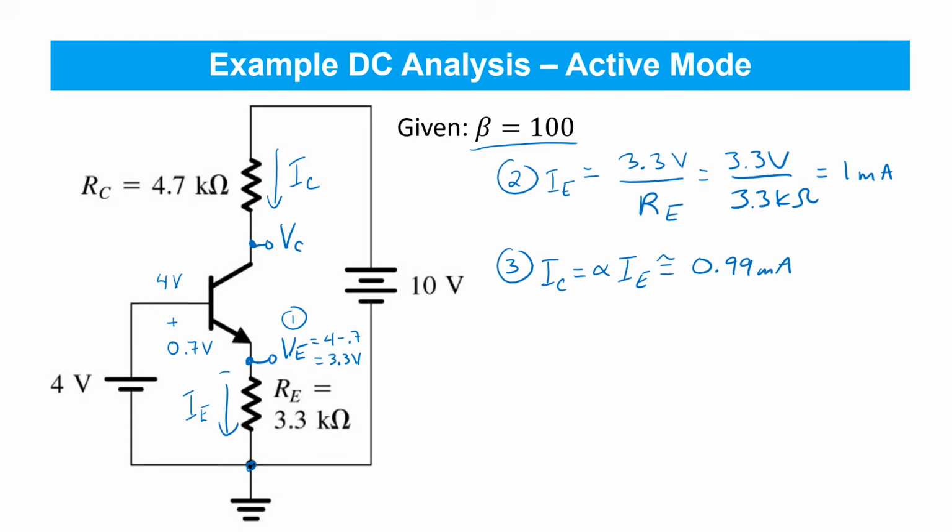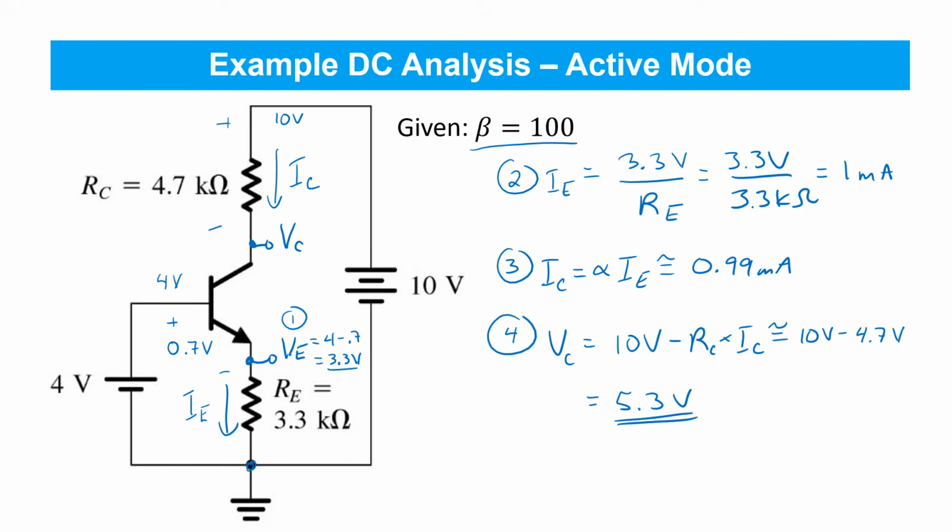And then finally, we can find the collector voltage, again using Ohm's law, right? The collector voltage is the 10 volts at this terminal of the resistor RC minus the voltage drop across the resistor RC when it's conducting a current IC. Now that's going to be 10 volts minus 4.7 volts, or 5.3 volts.